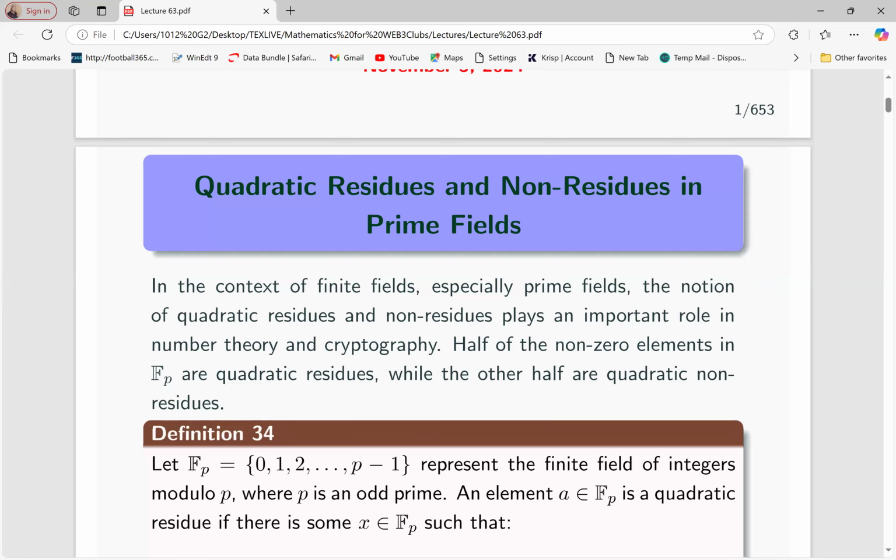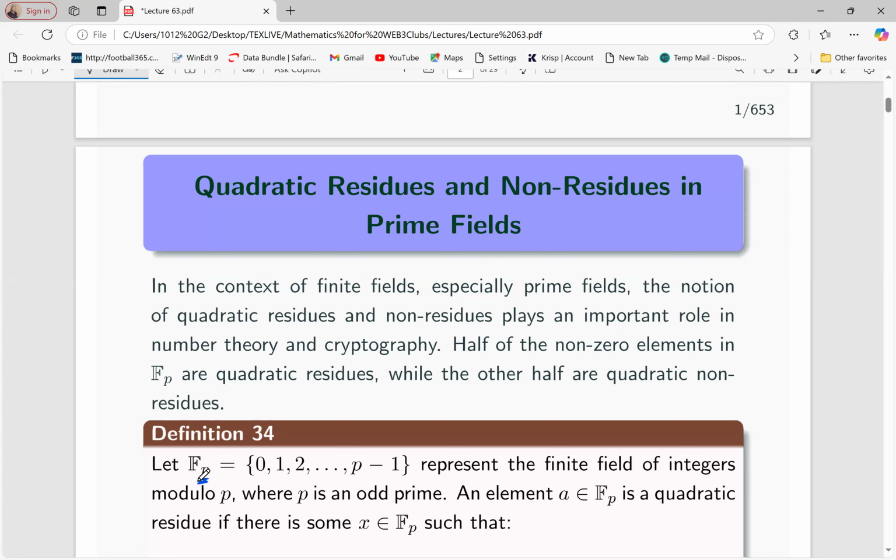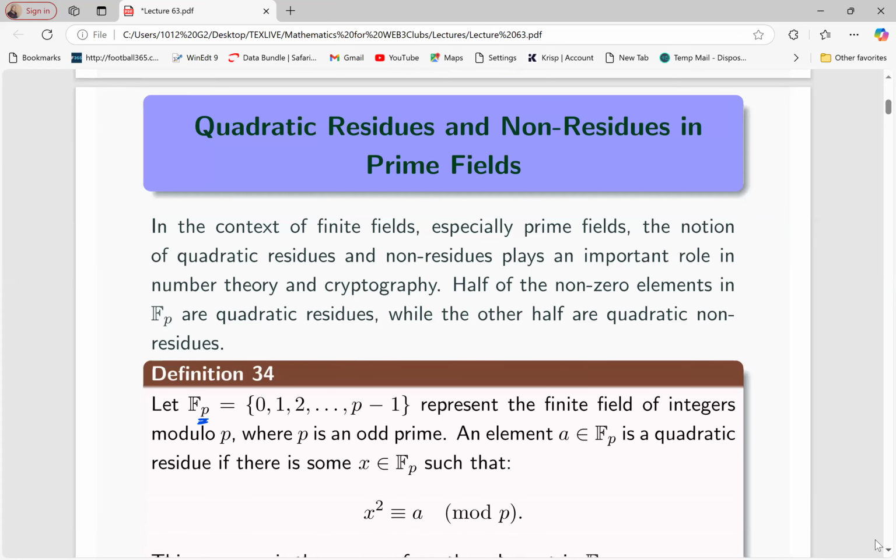If you're given a field F_p, where p is prime, p should be an odd prime, because 2 is a prime number but cannot be p. So for instance, p could be 3, 5, 7, 11, and so on. Those are the prime numbers we're referring to.